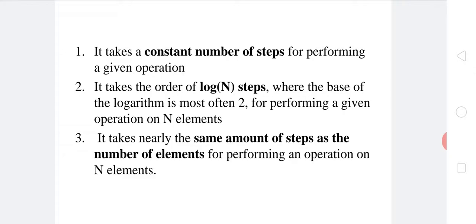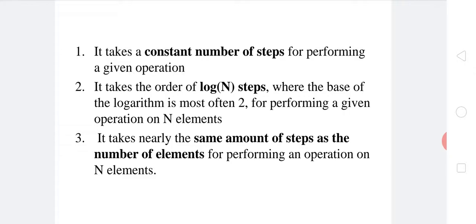The next one is exponential, meaning raised to. It takes a number of steps which has an exponential dependence on the size of input data to perform an operation on n number of elements.